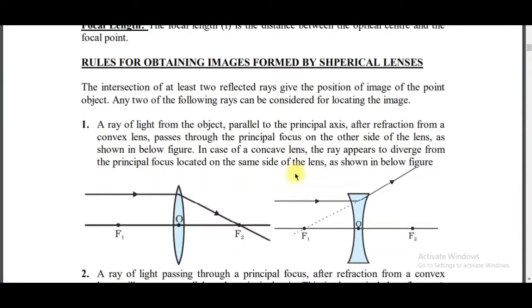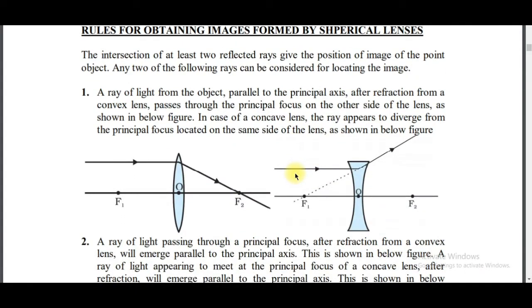So here we have a diagram with us. Again, same as we have studied in mirrors, a minimum of two rays should intersect for the formation of the image. A light ray from the object parallel to the principal axis will pass through the focus for the convex, and for the concave it will diverge from the focus.